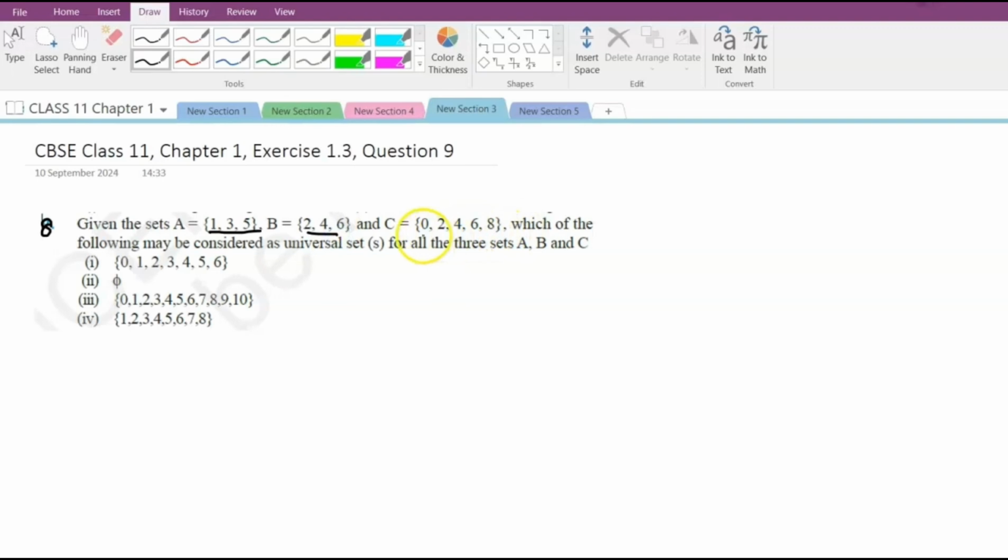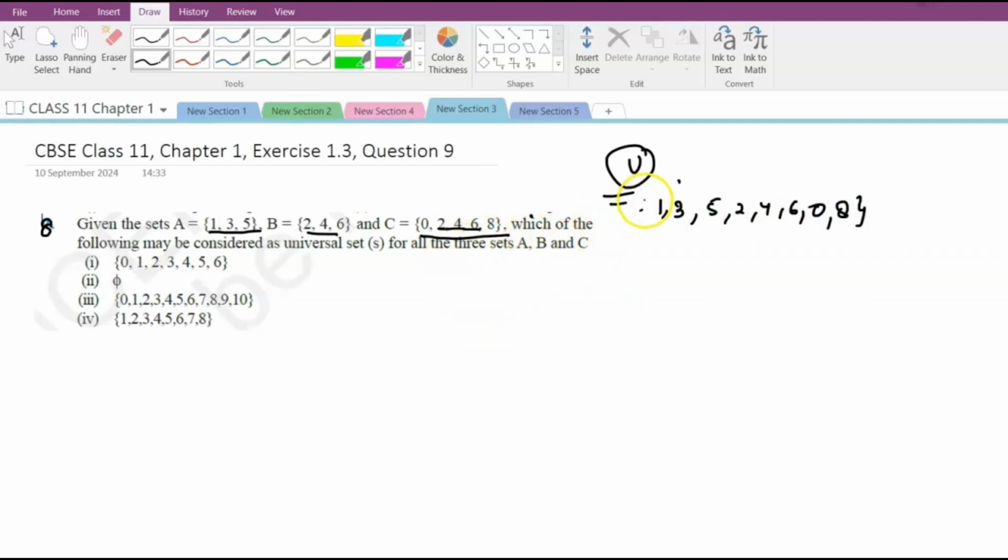What is a universal set? It contains all the elements under consideration. So if U is the universal set, it should contain 1, 3, 5, 2, 4, 6, 0, and then 2, 4, 6 you have already written, so 8. It should contain all these numbers.